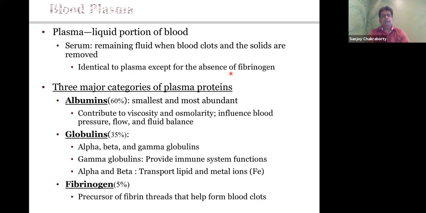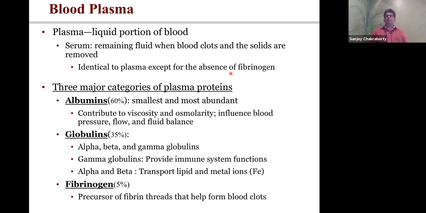The most abundant is albumin. Its main job has two functions. One is to maintain the viscosity and osmolarity of the blood, so it is the main contributor to viscosity and osmolarity. And it also carries stuff, meaning it is responsible for transporting a lot of molecules.